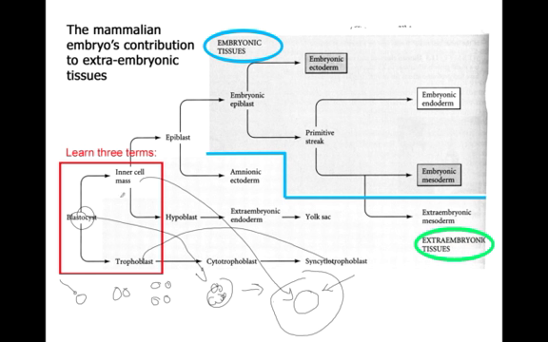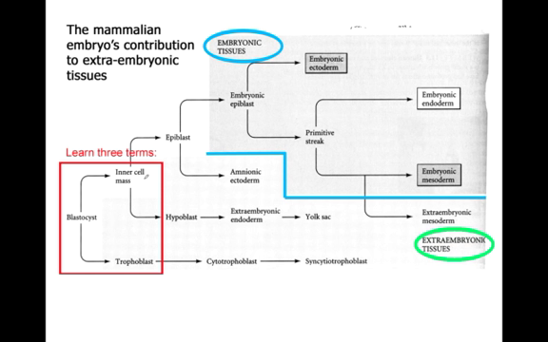And we want to learn those terms because it's just a really different organization than the early chick or the early frog. Also, we'll see that there's really interesting stuff happening in the mammalian embryos at this stage that is unique.